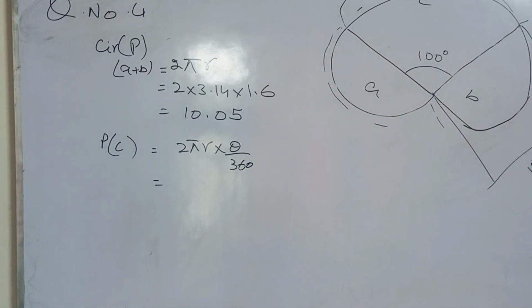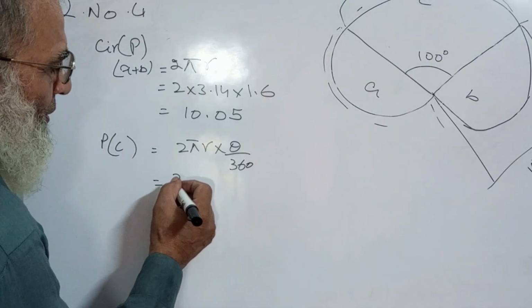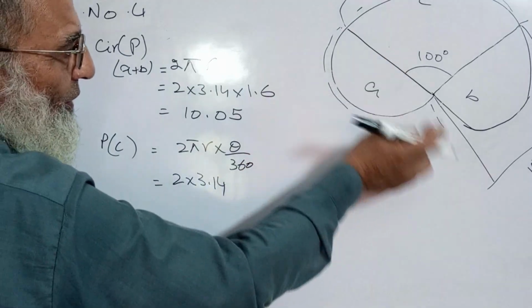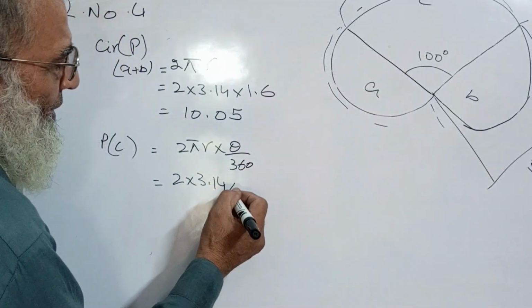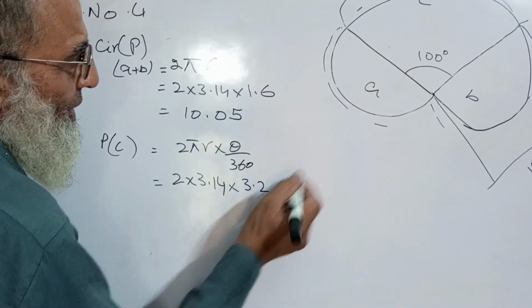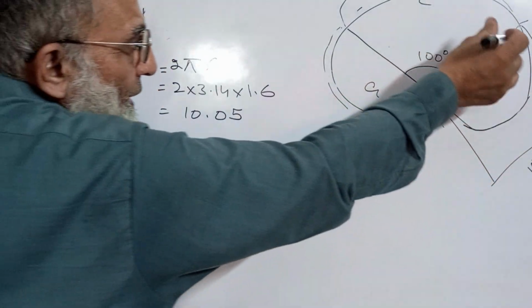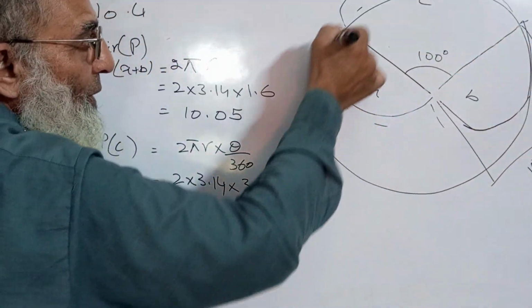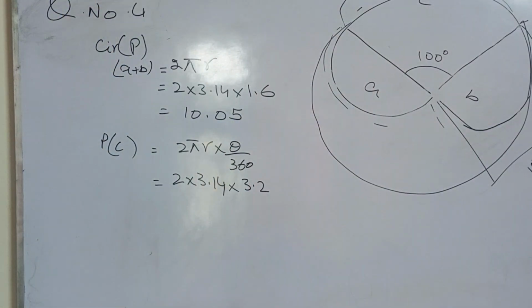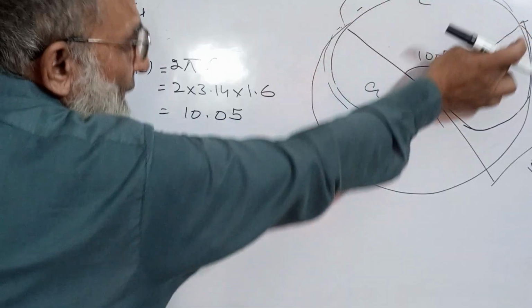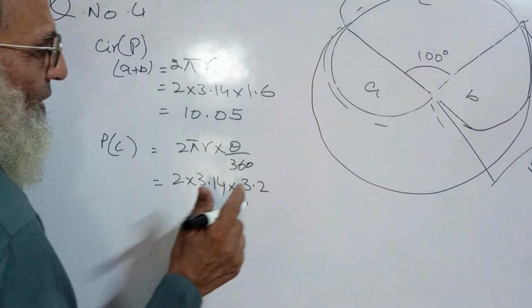Okay, understand my point? So 2 pi r, 2 multiplied by 3.14. Now r will remain 3.2 in this case, because if I draw it completely, it will become like this. So this is the radius of this sector.